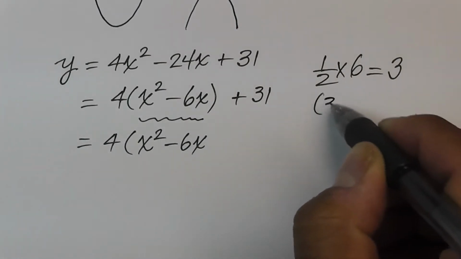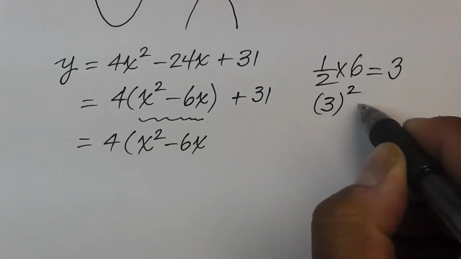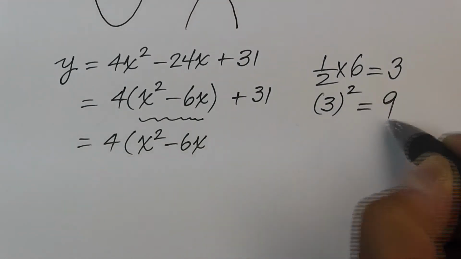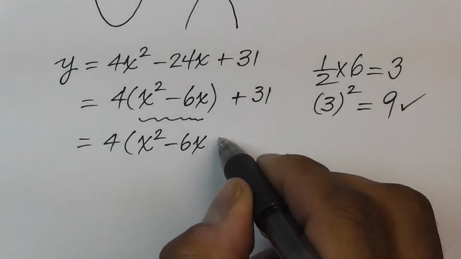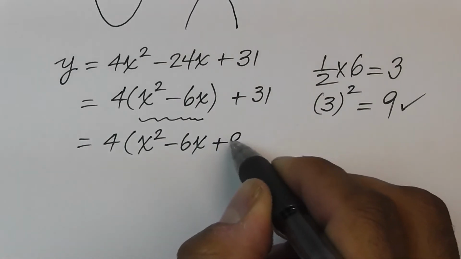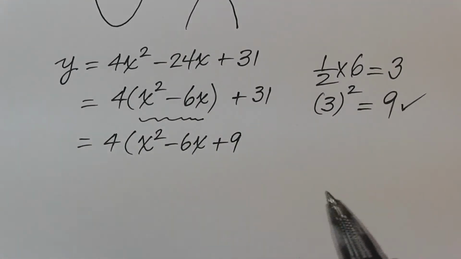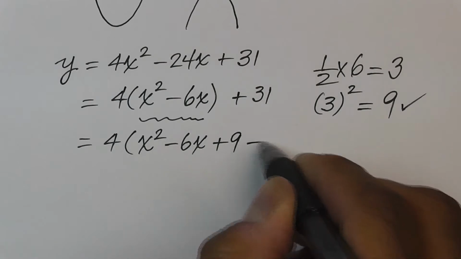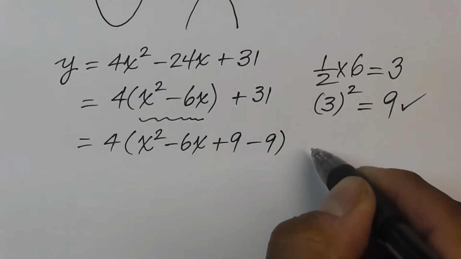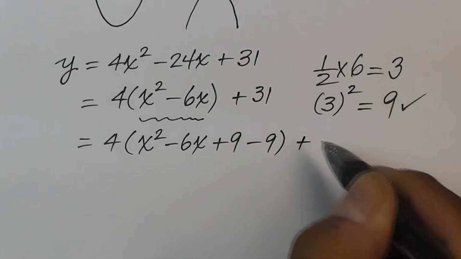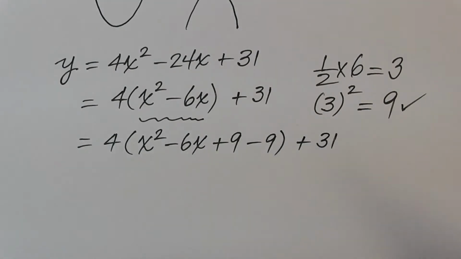I'm then going to take the 3 and square it. That's going to give me 9. Alright, this 9 I'm going to add over here, and at the same time, I'm going to subtract it. And I'm going to close my brackets, plus 31.